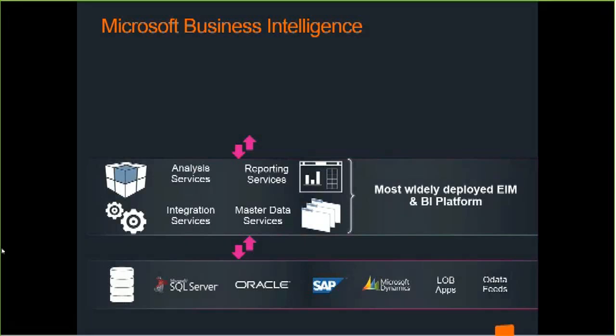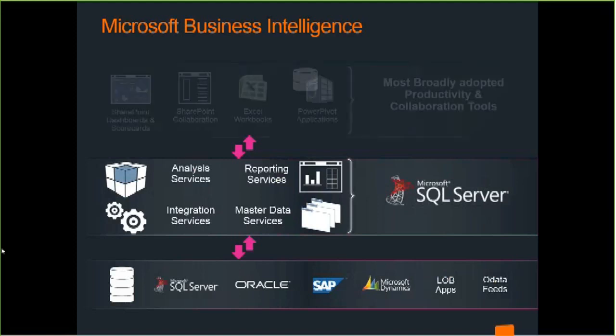The second is a set of enterprise information management and BI platform services like analysis services, reporting services, integration services, master data services, etc. And SQL Server is considered the most widely deployed platform for these platform services.